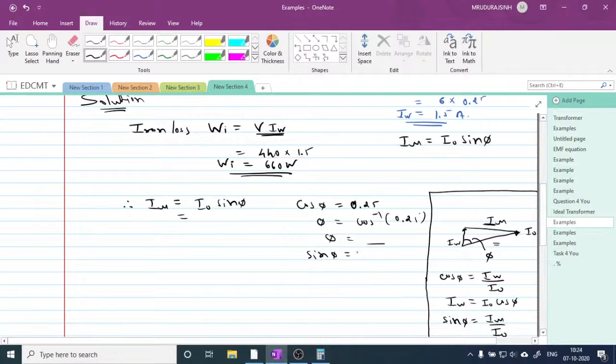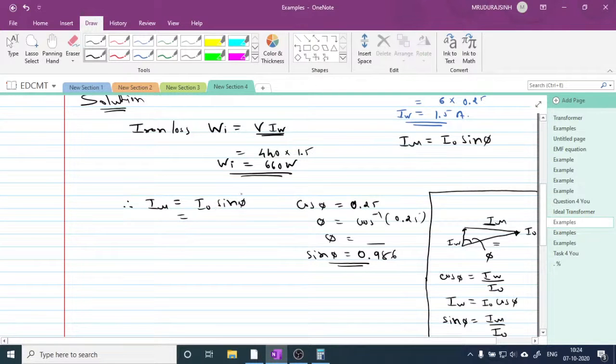Cos inverse, and we can get sin phi is equal to 0.986. So now we have the value of sin phi.